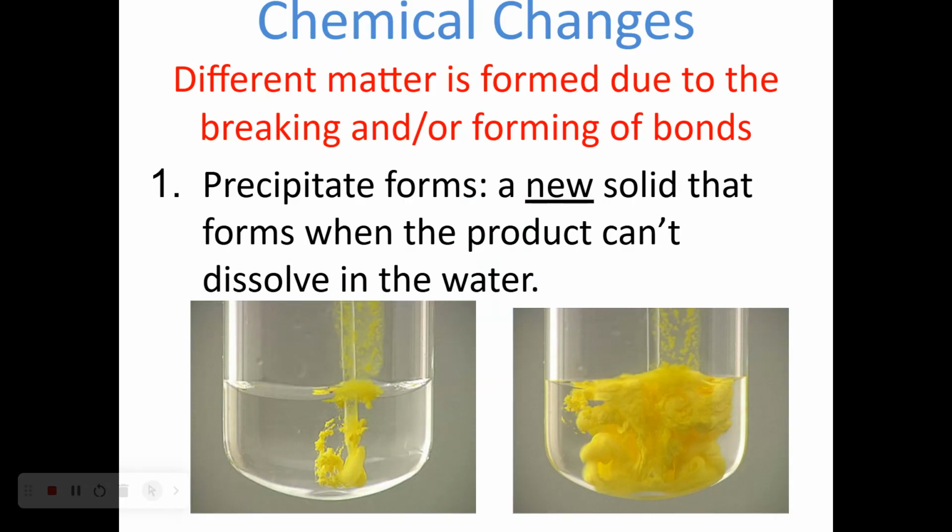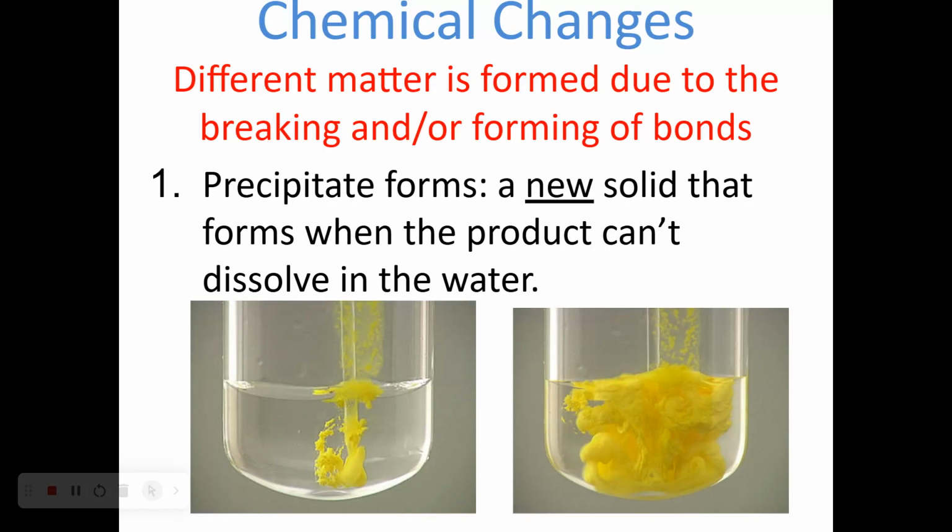Precipitate is a new word for us, so I've defined it there. I left a little space for you in the notes to write that out. Probably didn't leave you enough space. Sorry about that.